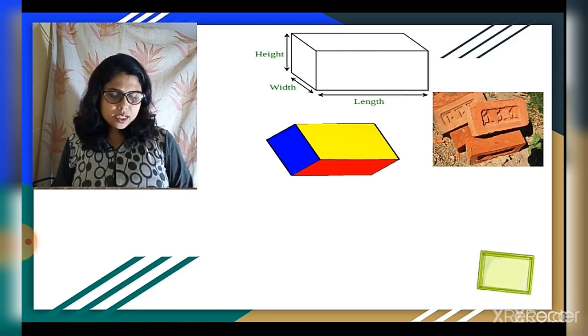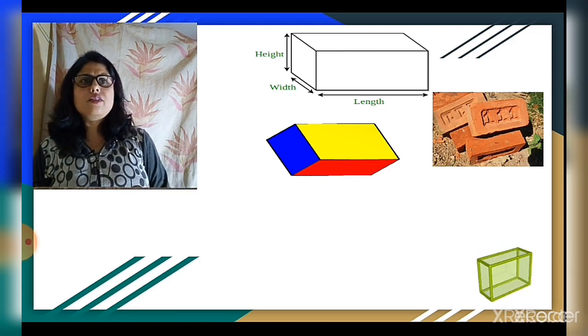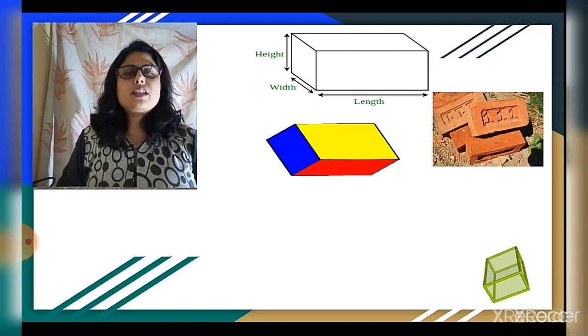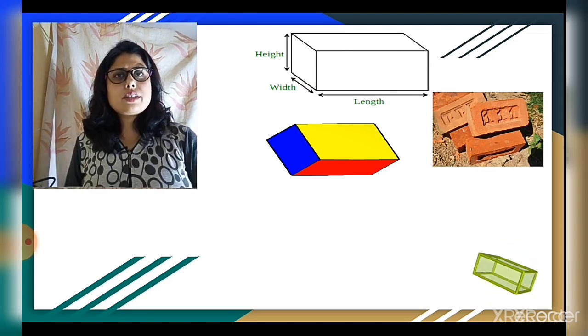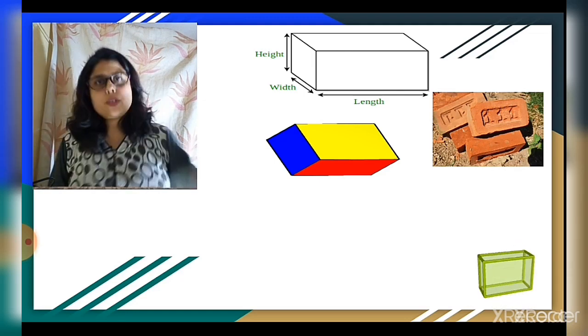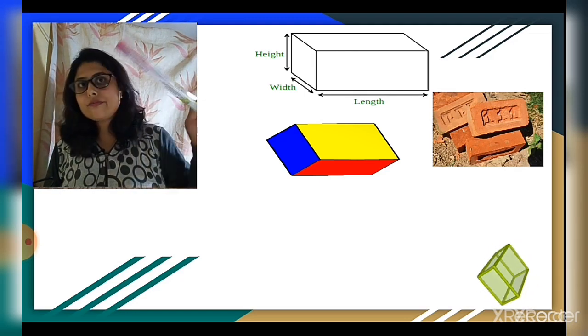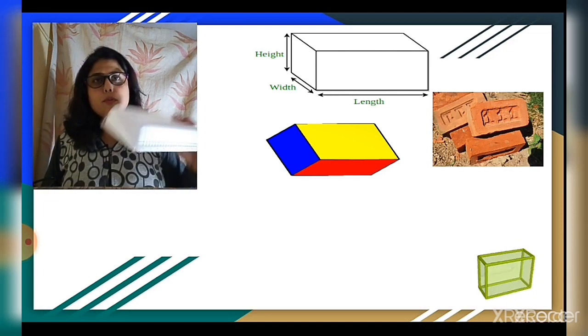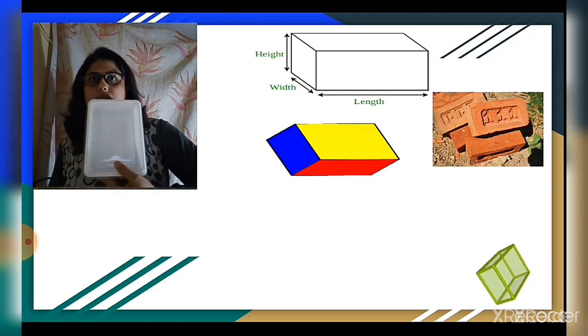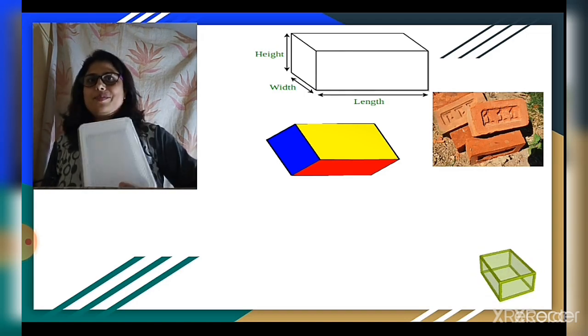So many real life examples we see nearby, that is a brick. One you can see on your screen, another I have shown just now, a box. Even such boxes, sweet boxes also, maybe you have seen. Here it is not sweet, but such boxes you have seen.